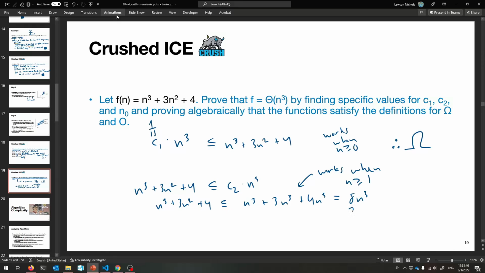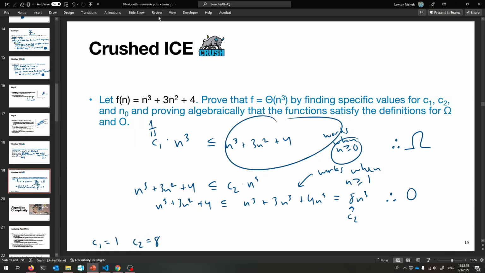And there's my nice little constant, C2. So my n naught, as long as n is greater than or equal to 1, 1 can be my n naught, and C2 can be 8. That's the number that I'll multiply n cubed by to get something always bigger. And so I've just proven that f is big O of n cubed now. And so, yeah, that's all I really needed. I found that C1 was equal to 1, C2 is equal to 8, and n naught is just the bigger one.